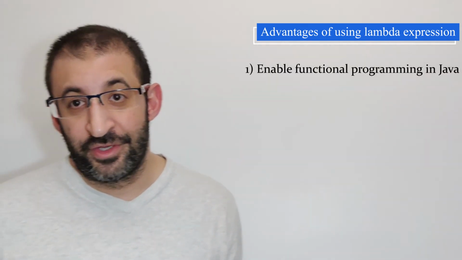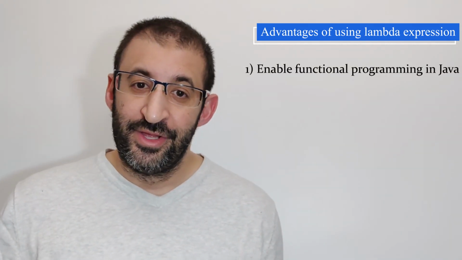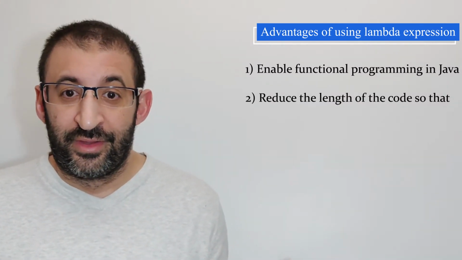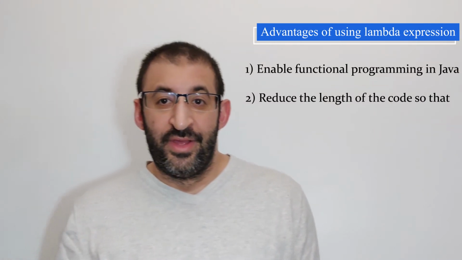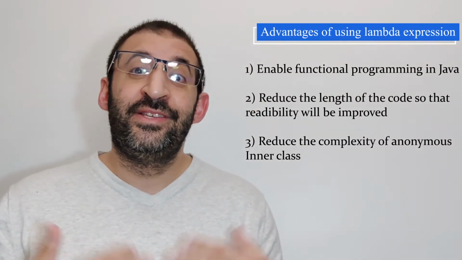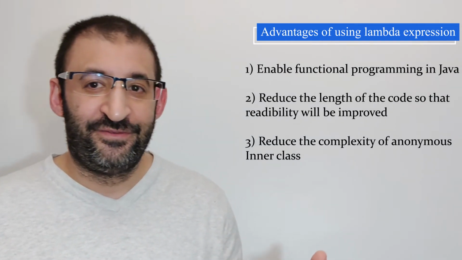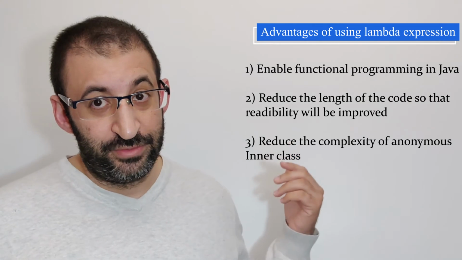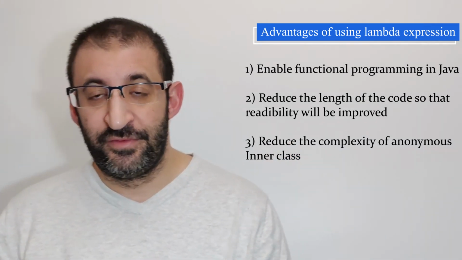We can enable functional programming in Java. Second, we can reduce the length of the code. Third, we can also reduce the complexity of anonymous inner classes that we have shown before in the previous video.